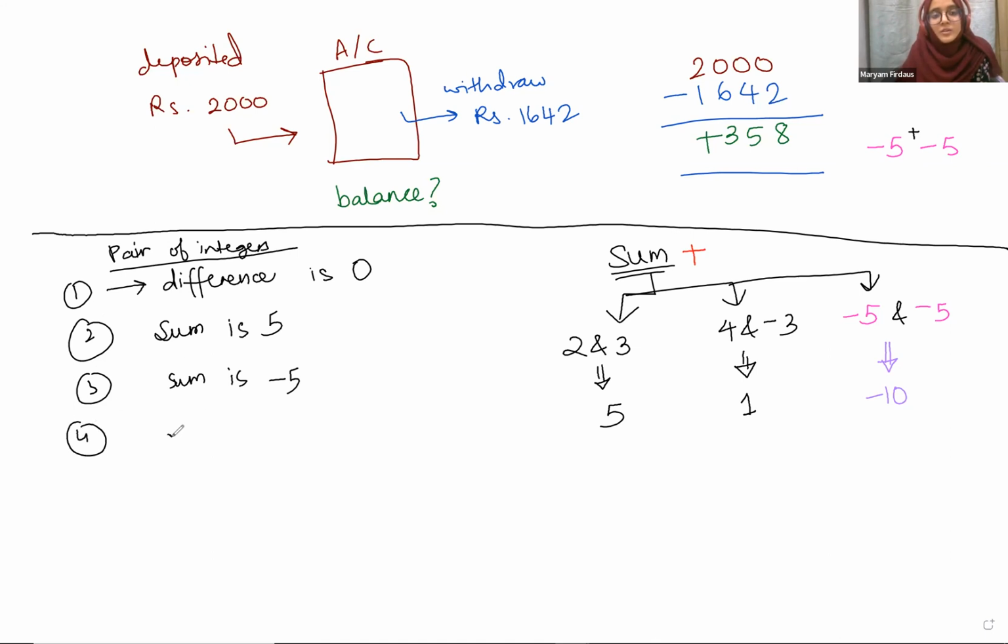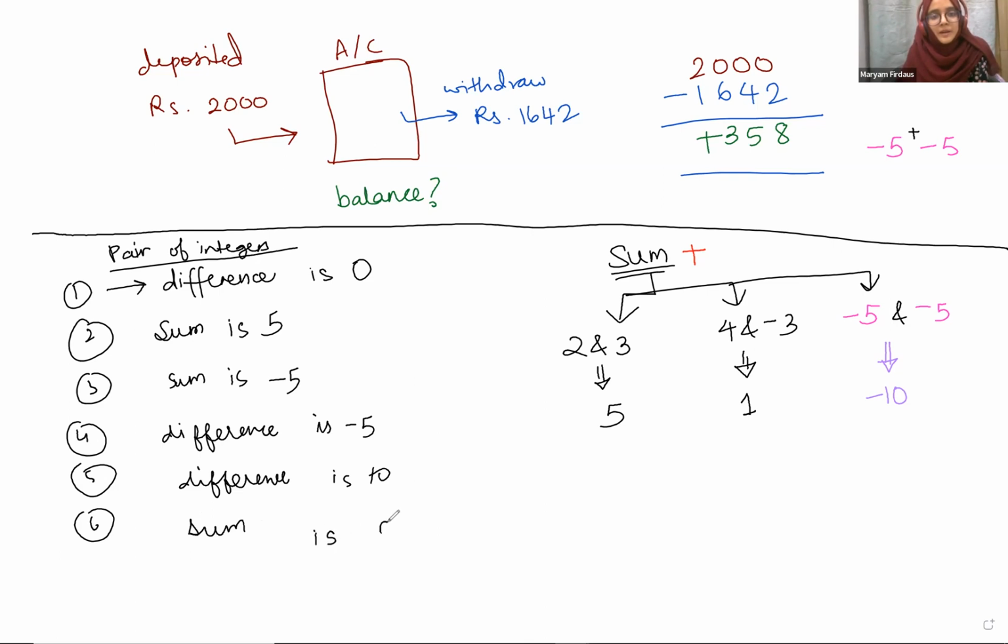A pair of integers whose difference is -5. A pair of integers whose difference is 10. And a pair of integers whose sum is 0. You can do this. I'll take 5 to 6 minutes. I'll pray and come.